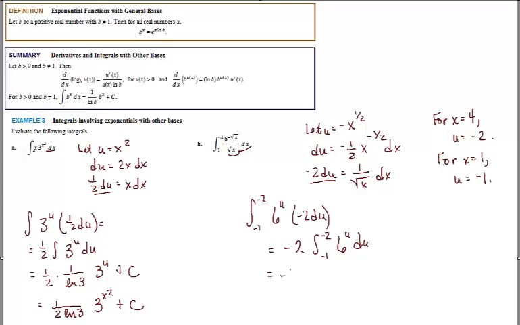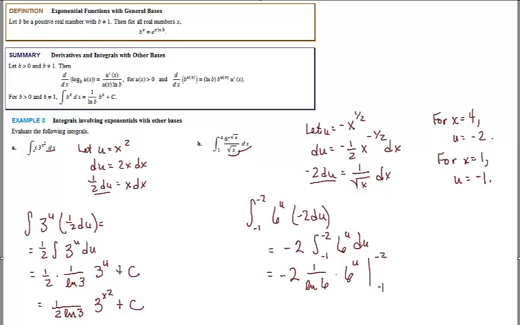So I'll write down what I've got, and that would be the negative 2, and then it'll be 1 over natural log of 6, because it's 1 over the natural log of my base, times 6 to the u, and then evaluated from negative 2 to negative 1.